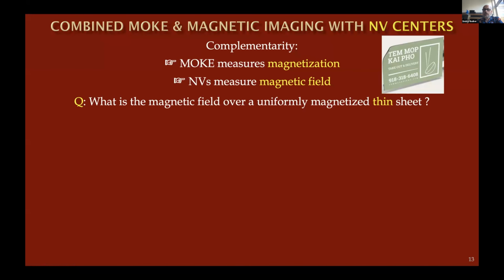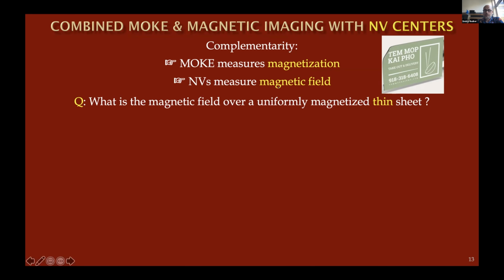And this is done so the magnetic field actually escapes the magnetized sheet. If you have a uniformly magnetized sheet, doesn't matter in which direction, there will be essentially zero field outside, only a very tiny fringing field at the perimeter here. But this is a beautiful result, that a uniformly magnetized sheet doesn't have a field outside.